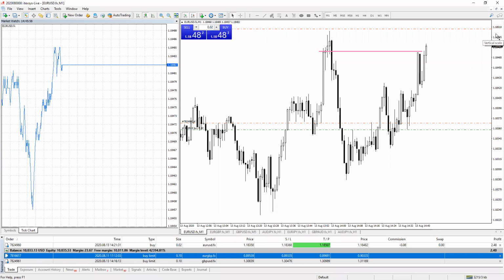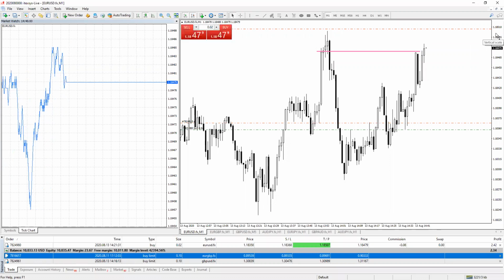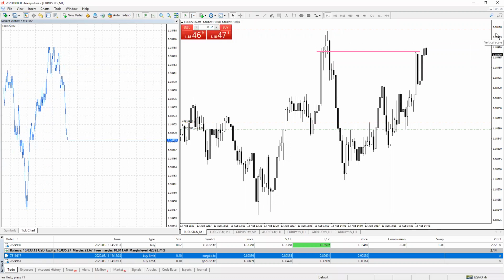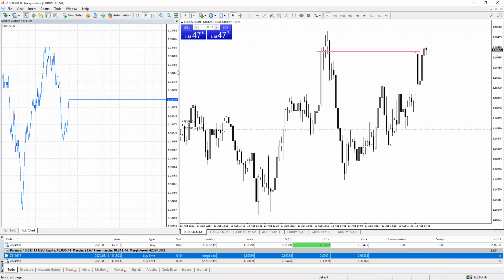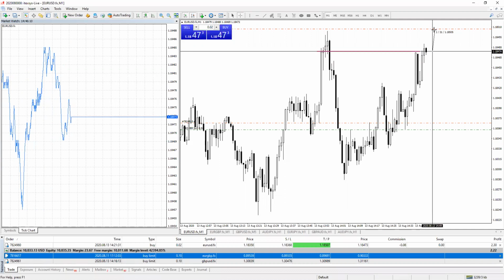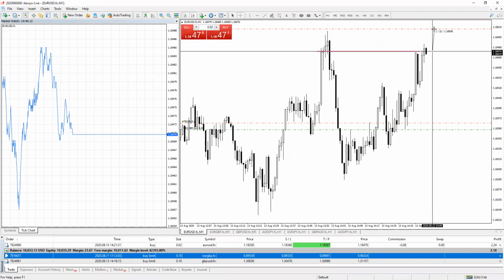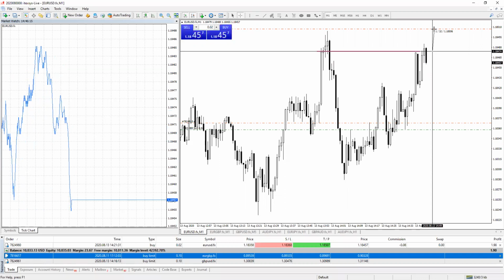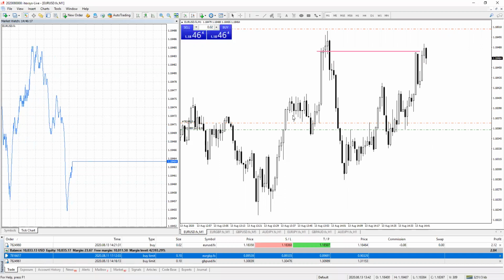We are very likely to take our 15 pips for the session. It's like 3 to 4 pips to go. And we have it.